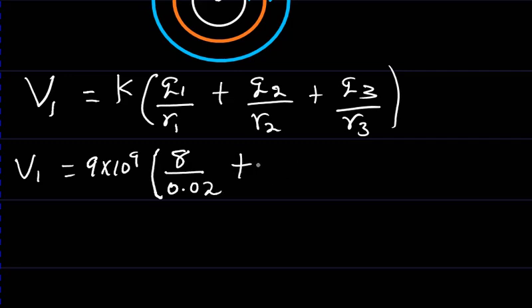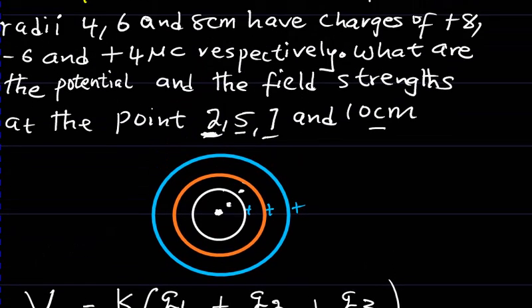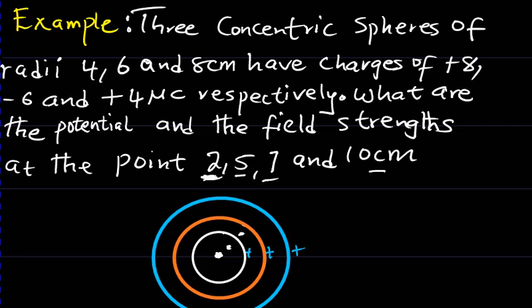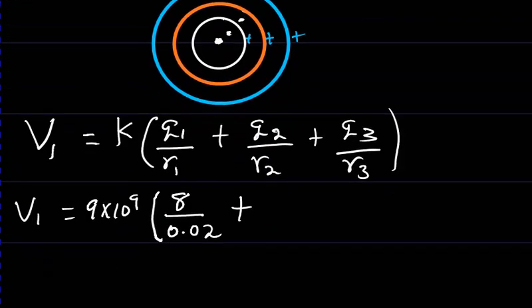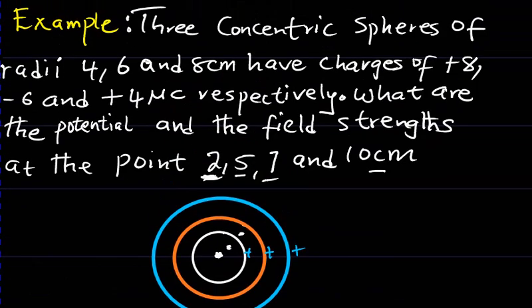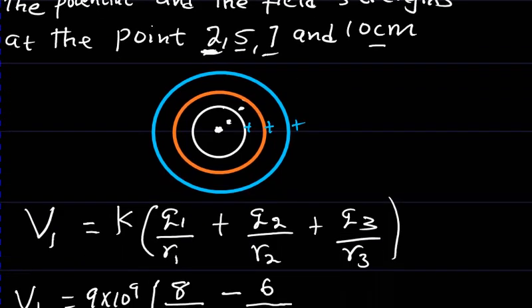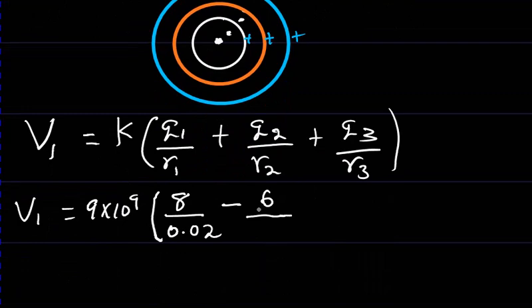Then plus the charge of the second sphere, which of course is minus 6 microcoulombs. So invariably that minus 6 will definitely change this to minus. I have minus 6, then divided by the distance. The radius of the second sphere is 6, so I have to subtract 2. So that's going to be divided by 4 cm, which is 0.04.